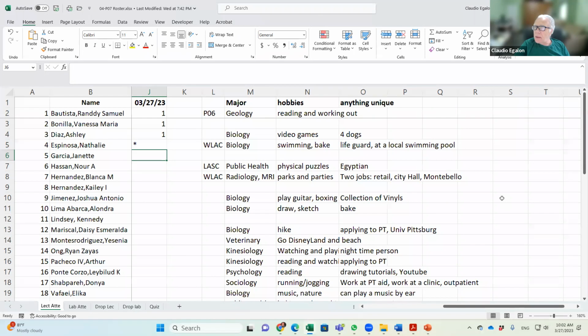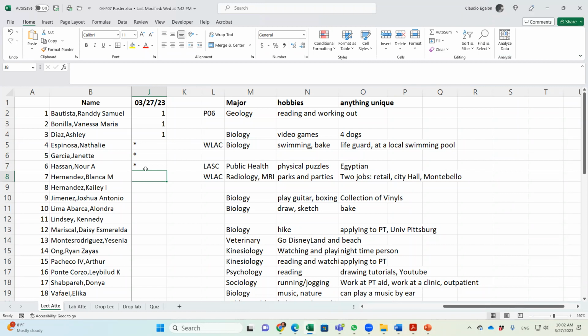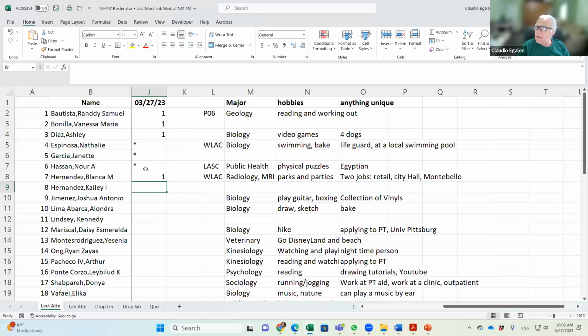I see Janet in my list, but I can't hear from her. Noor Hassan. I can see Noor in my list, but I can't hear from her. Blanca Hernandez. Kaylee Hernandez. Thank you, Kaylee. Joshua Jimenez. I don't see Joshua here.